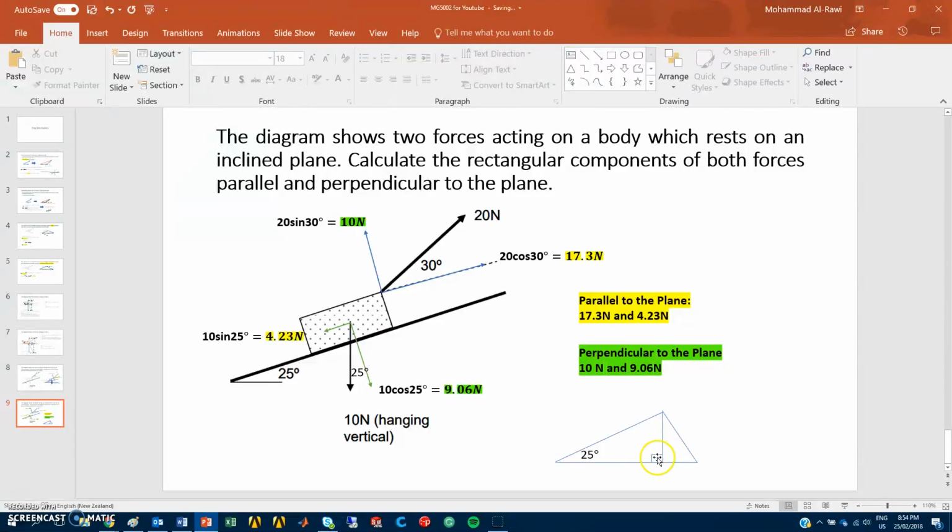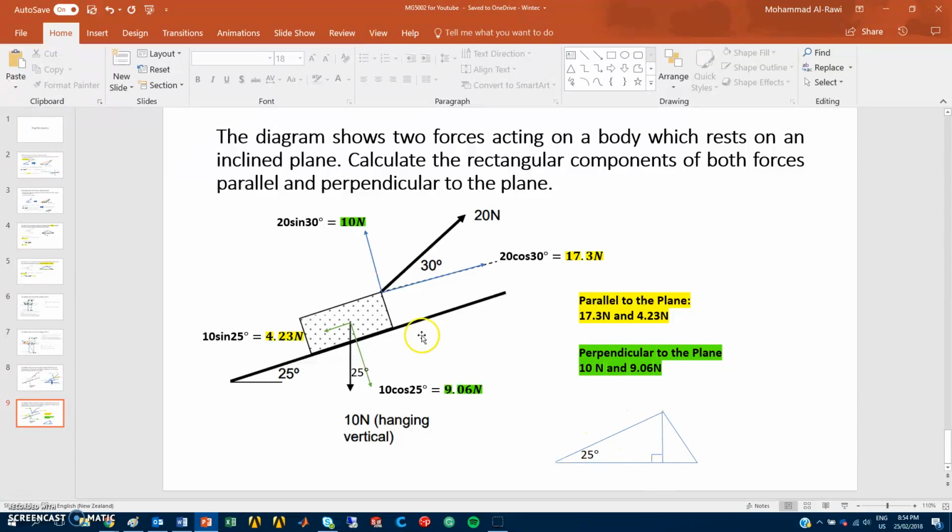If this is 90 and this is 25, what do you expect this one to be? Let's write it down. You should have something to represent the difference.